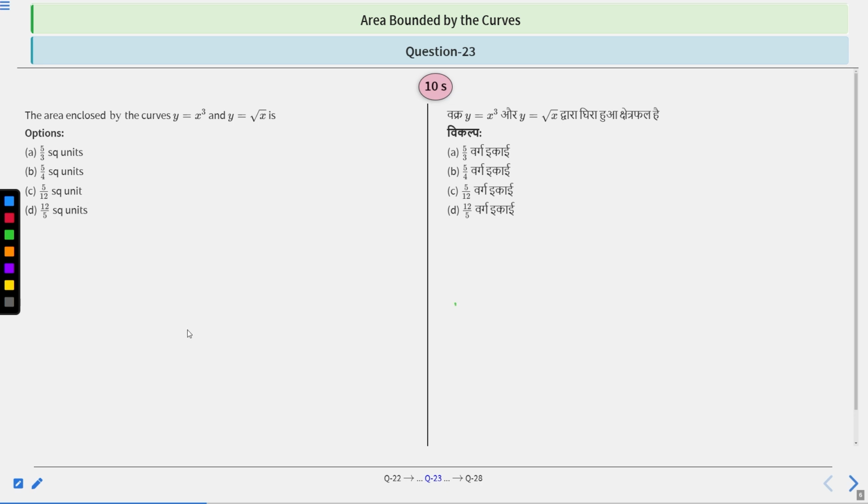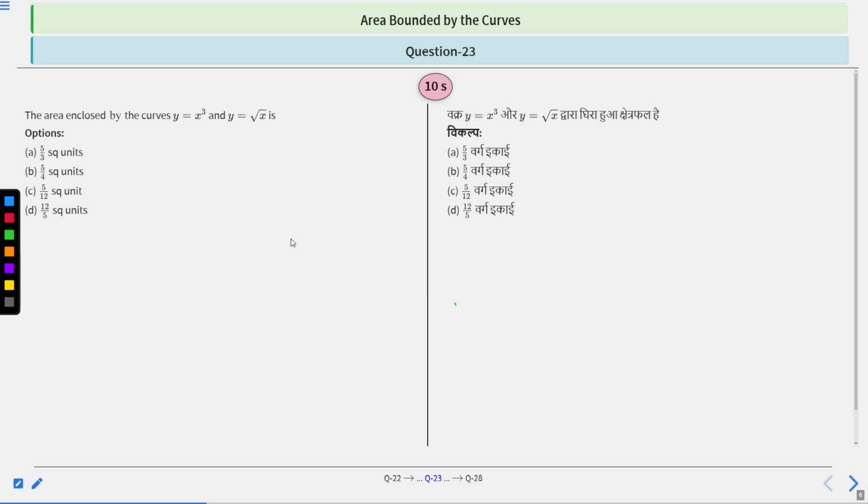So, the hint of this question is what we have to do. We have to basically draw the graph of two curves, right? y equal to x cube and y equal to root x. So, these graphs are easy to draw, right? And after drawing the graph, we will find the points of intersection between these two curves. And we will try to integrate the area between the points of intersection, right?